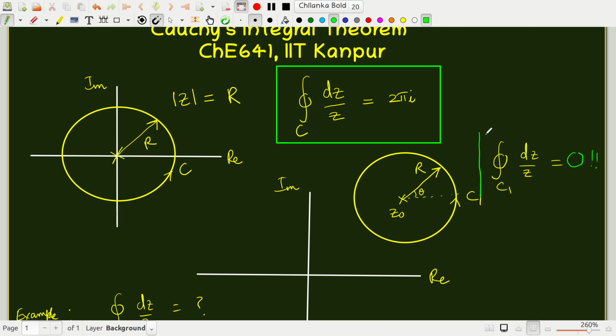This is also an important result, where the only thing C1 has to do is not enclose the origin. So there seems to be a fundamental difference between including the origin and not.